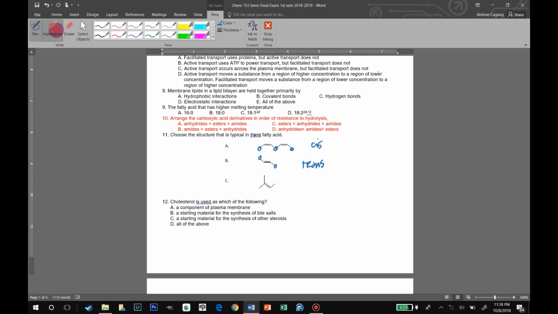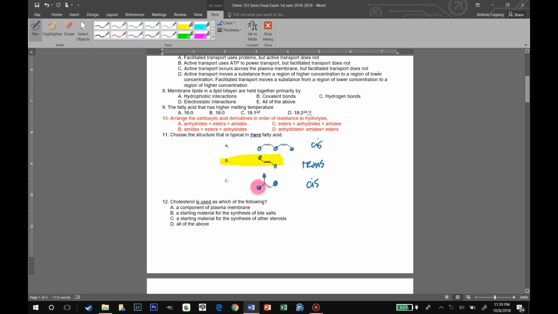So letter B seems like a correct answer, but just for the sake of verification, we'll take a look at letter C. Letter C, you have here the carbon to the left on top, and this one is also on top, so this is also a cis configuration.